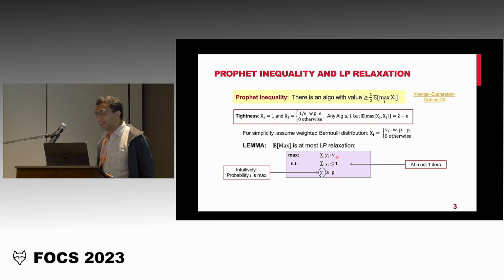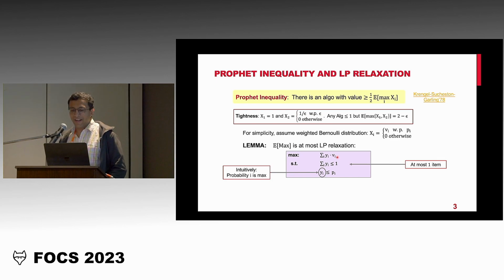So the question is, why do I want to talk about LP relaxations? Why do I want to talk about approximation algorithms? This is a stochastic problem. You can define an optimal policy for this problem. It's some kind of a Markov decision process, or turns out it has a very simple structure. Today I'm interested in the benchmark of hindsight optimum. There are applications where you are interested in comparing yourself to the expected max.